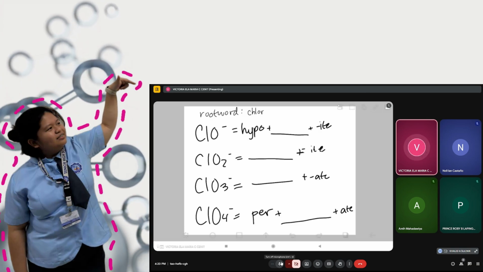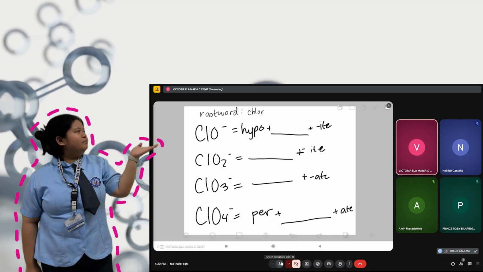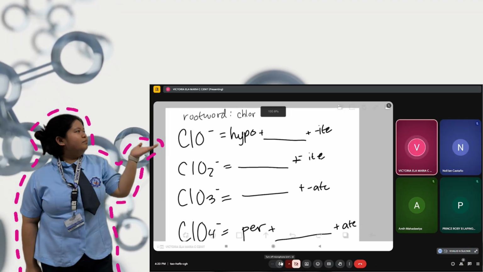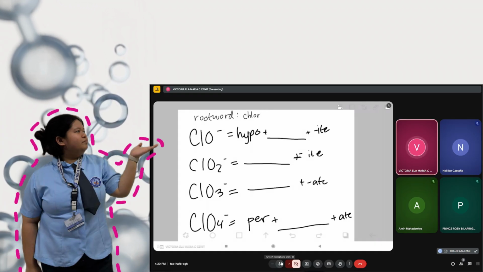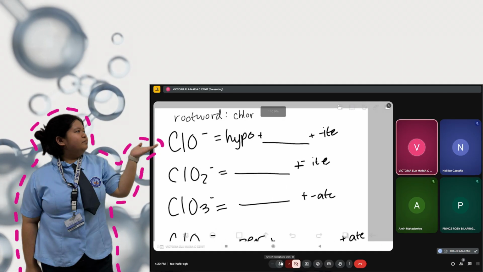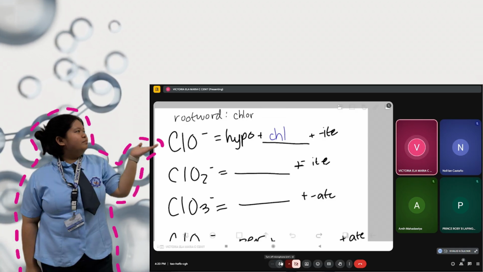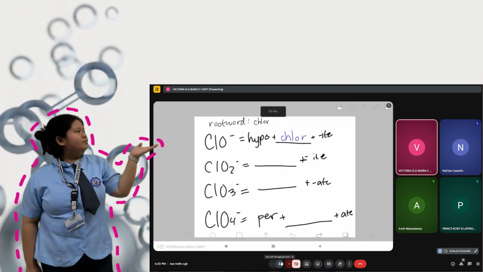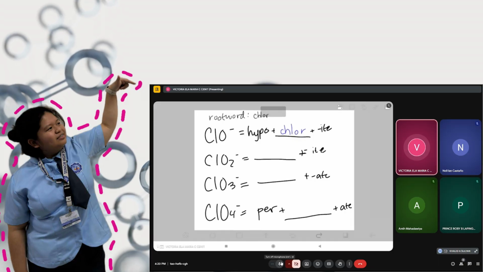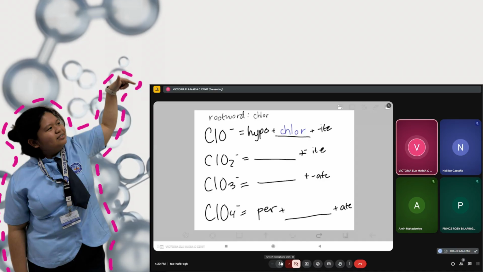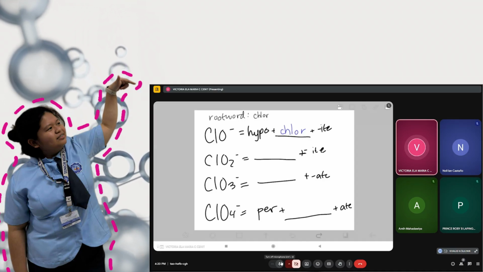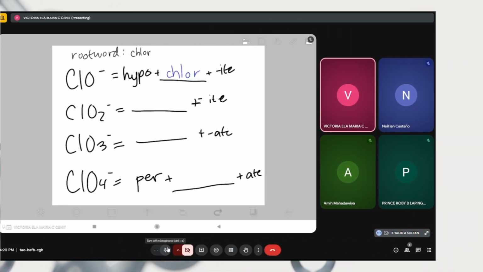So, for the first one, ClO negative becomes hypo plus the root word chlor plus the suffix ite. So it becomes hypochlorite. For the second one, ClO2, you just have to add the root word chlor to make it chlorite.